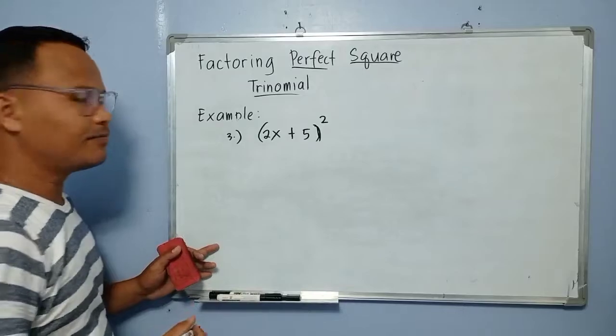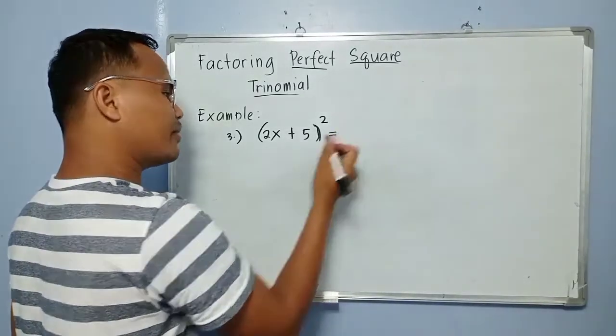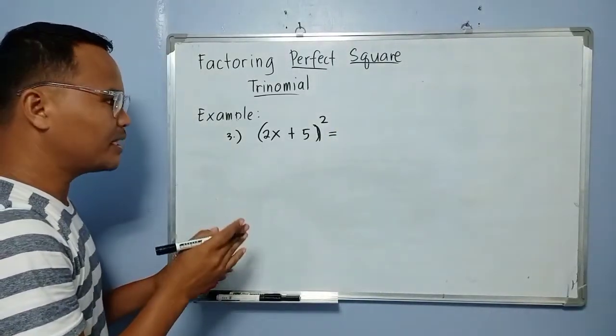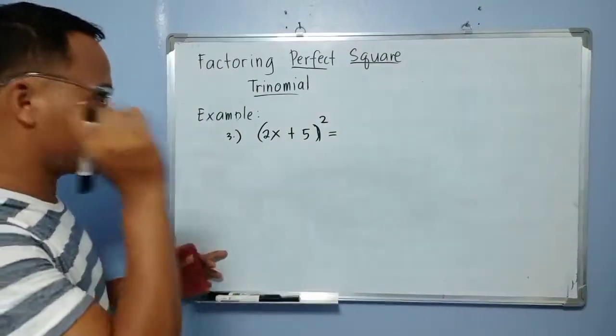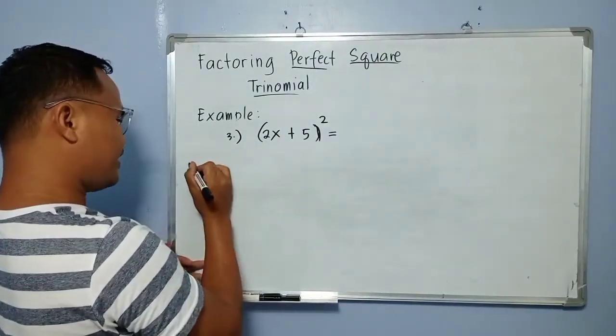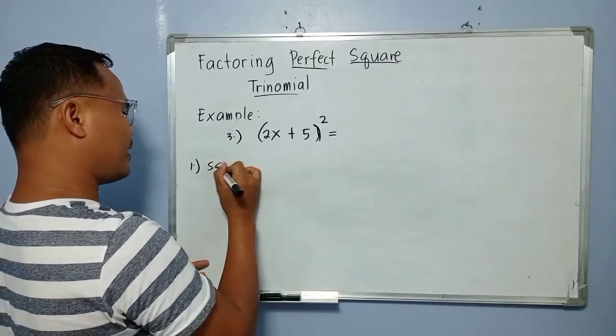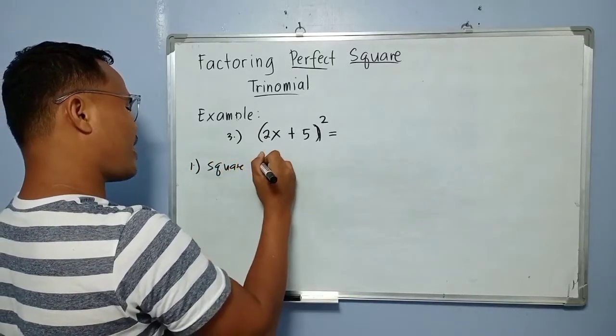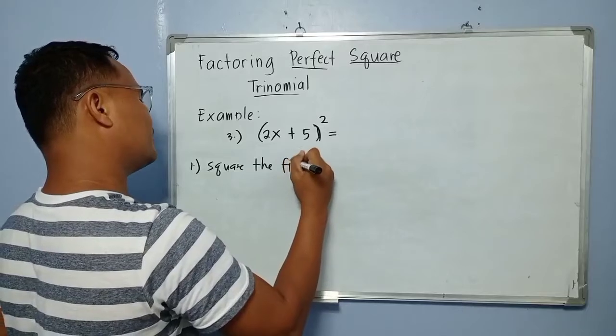So this is the square of binomial. So we can now, again, express square of binomial into perfect square trinomial. Same process. Square the first term. The first process is square the first term.